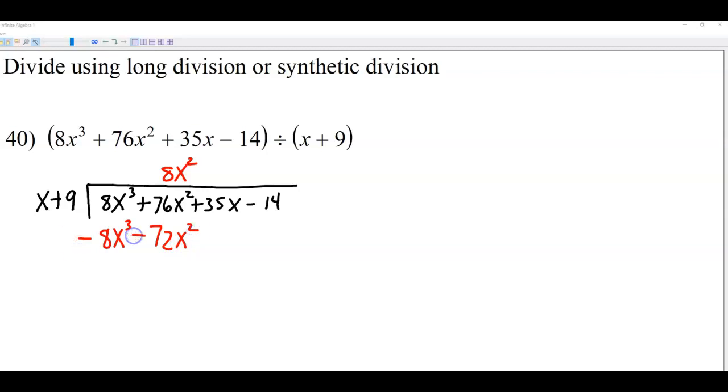Then we go and change the signs and add down. These cancel. The first one should always cancel. 76 take away 72 is 4x squared. And then we just bring the rest of them down.